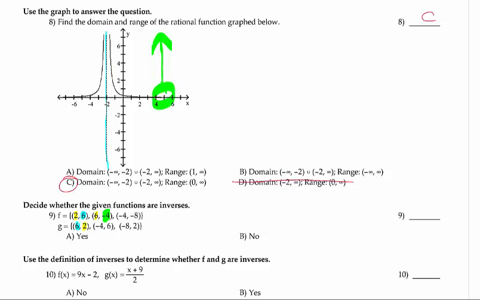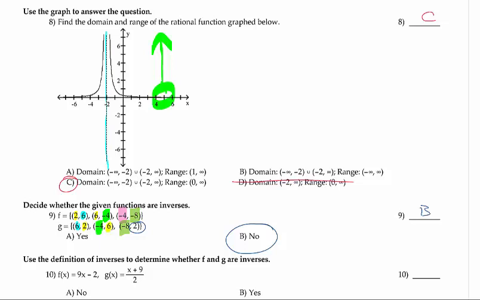And then on G, you input -4, you get 6. And then over here, you input -4, you get -8. And then for G, you input -8, and you do not get -4, you get 2. Therefore, these guys are not inverses. So you got to make sure you check every single one.